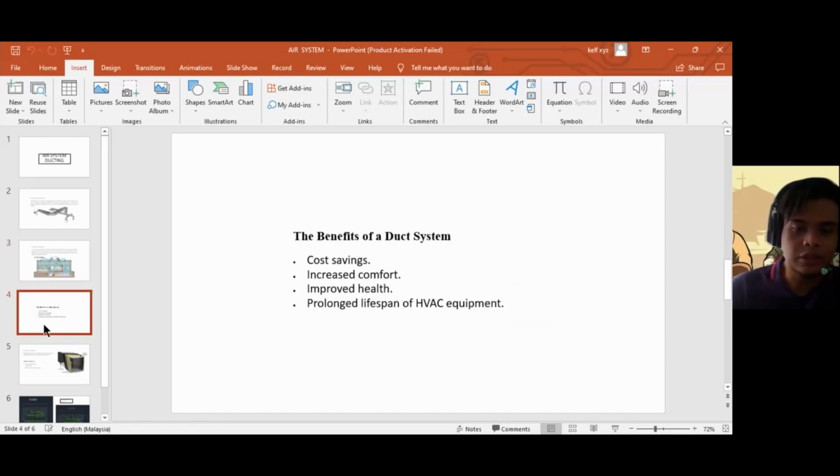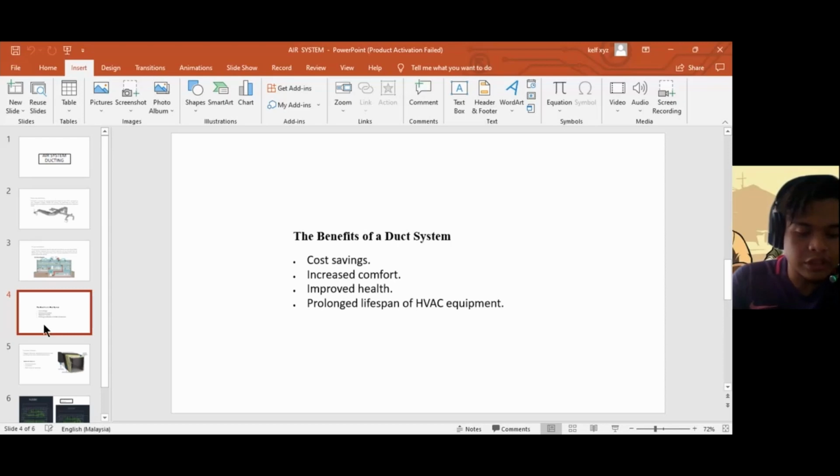Next, the benefits of a duct system. First is cost saving. It reduces the cost of energy in the building, air conditioning reaches your living space, and heating and cooling equipment runs at optimal performance. Second, increased comfort. Experience even temperature throughout the building and increased airflow. Third, improved health.